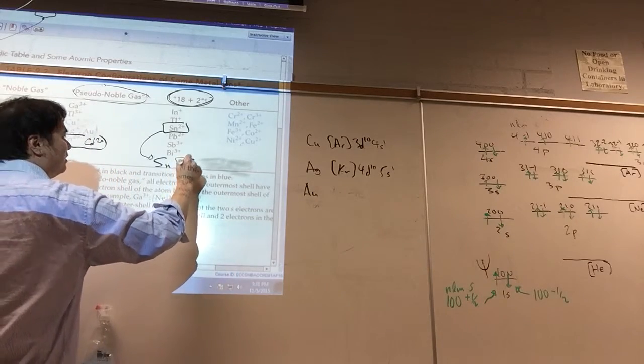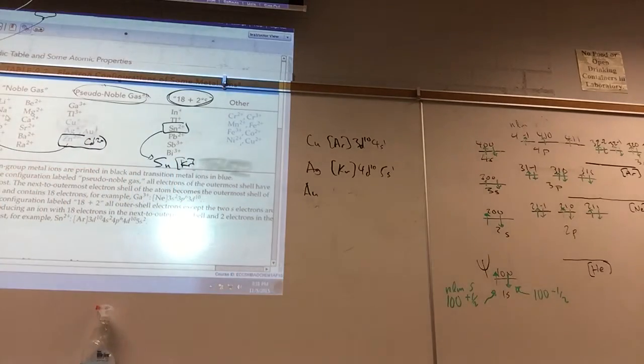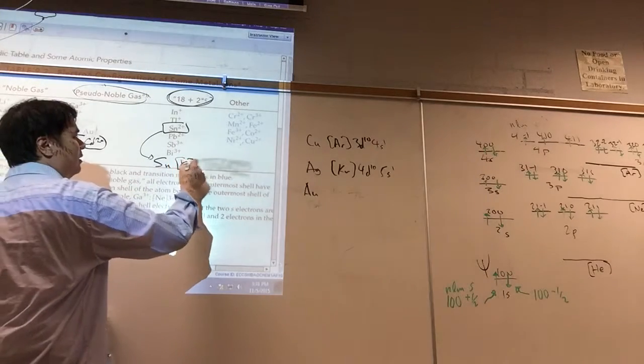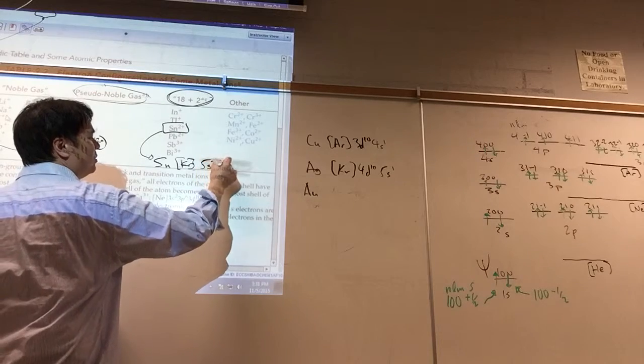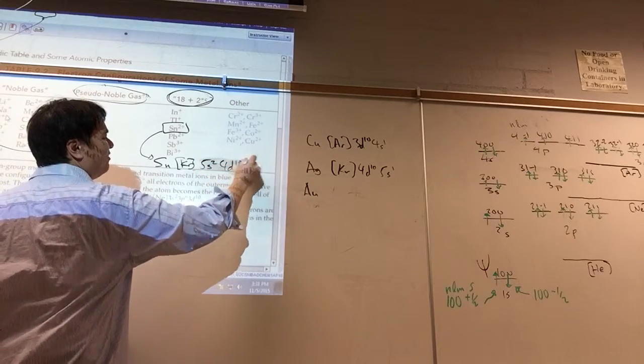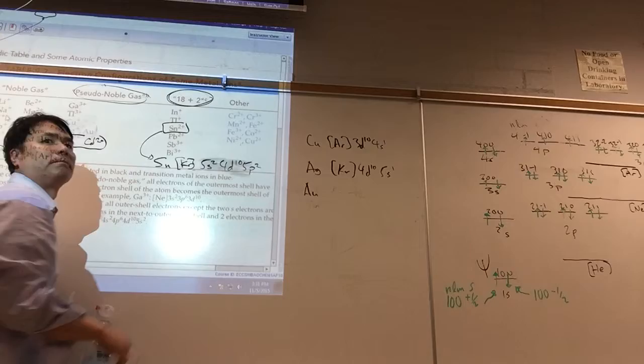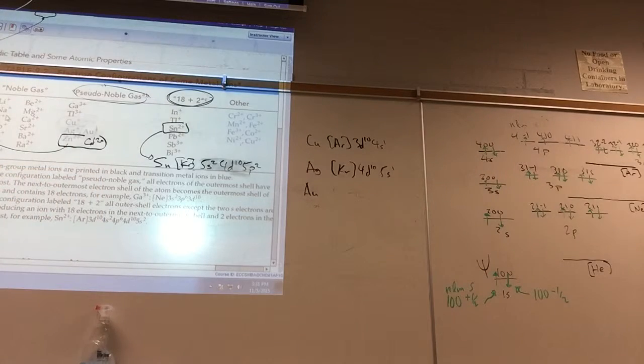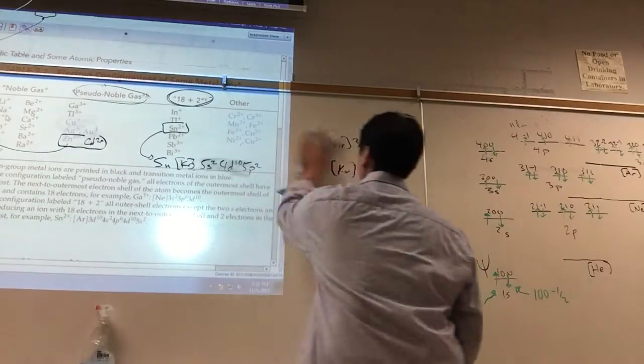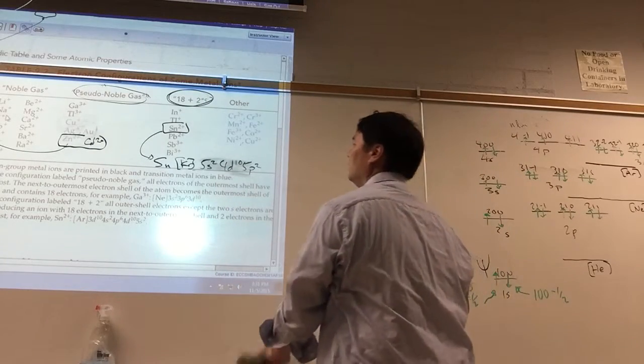Tin is krypton. Actually, let's use the periodic table here. Tin is krypton 5s2, 4d10, 5p2. I'm not going to rearrange it. This is how we fill it. Either way is fine. You can rearrange it if you want.